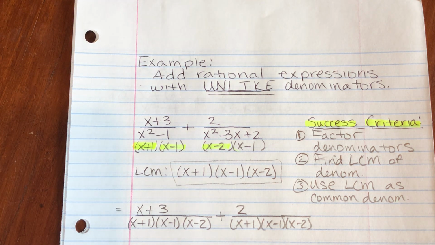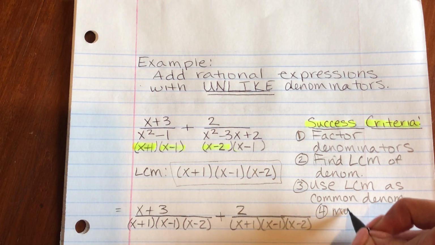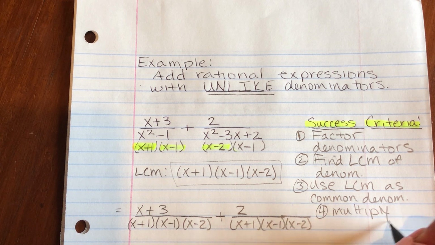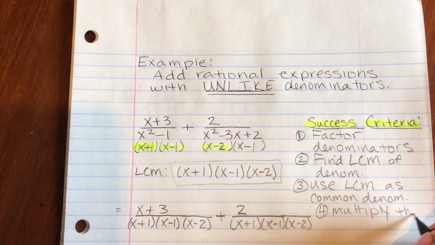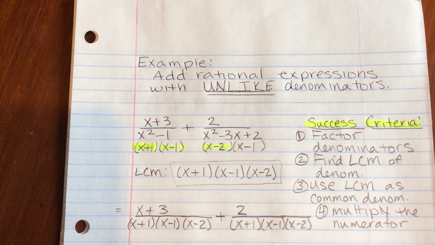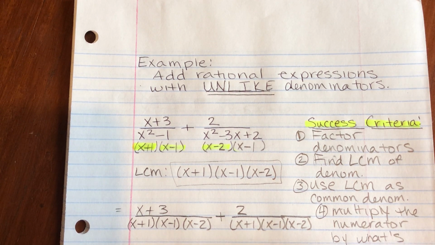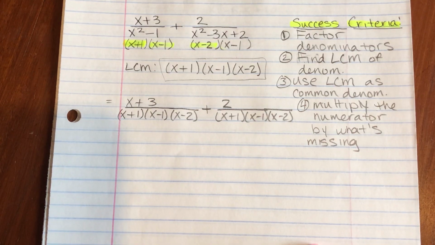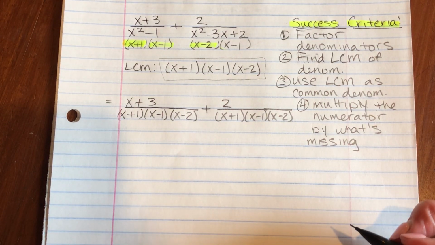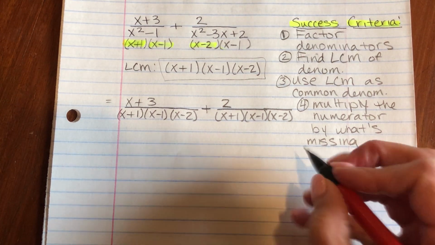All right, now I can't just change my denominator without balancing out that fraction. So to balance out that fraction, what I need to do is step 4, multiply the numerator by what's missing from the original factored denominator.